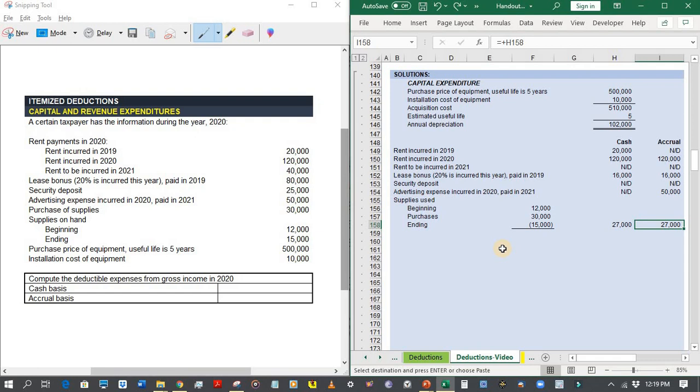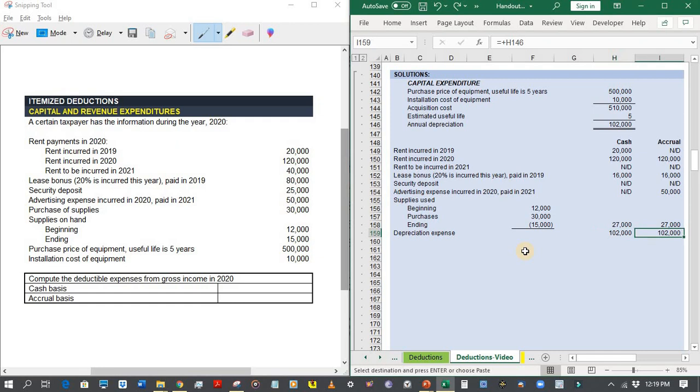Then let's proceed to depreciation, because depreciation is an item of deduction. Regardless of whether cash basis or accrual basis, we are allowed to deduct depreciation in the amount of 102,000 pesos, assuming the purchase was made on January 1, 2020. So the depreciation expense is 102,000 for both cash basis and accrual basis of accounting.